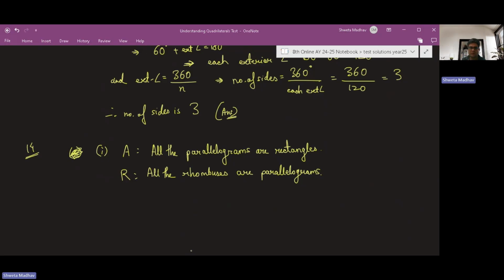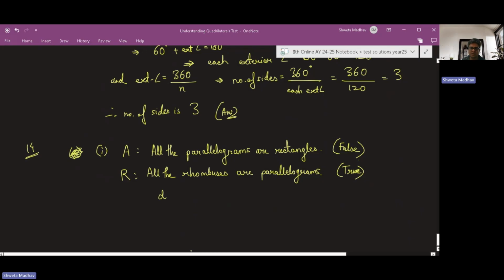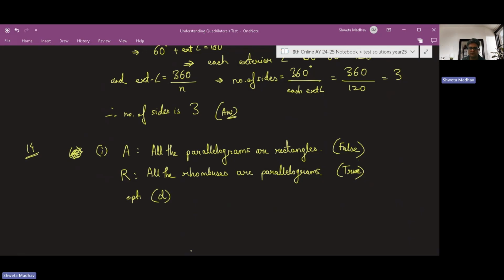Here all the rectangles are parallelograms, but all the parallelograms are not rectangles. So the assertion is false, and all the rhombuses are parallelograms, so the reason is true. Hence the assertion is false and the reason is true. So option D is the correct answer.